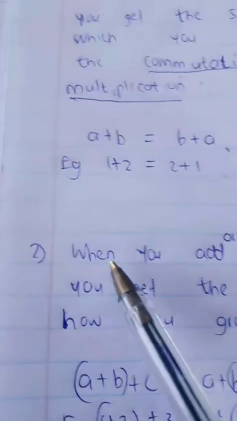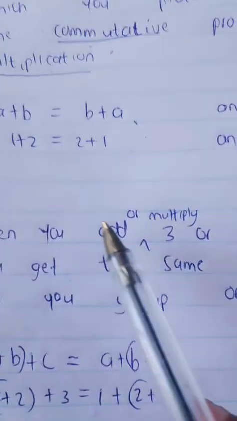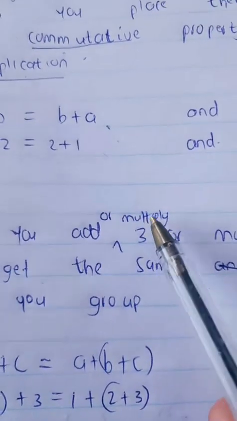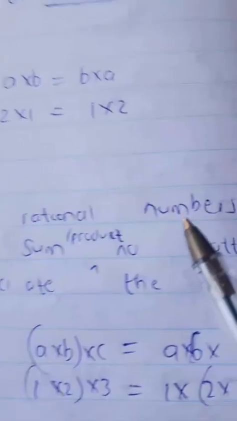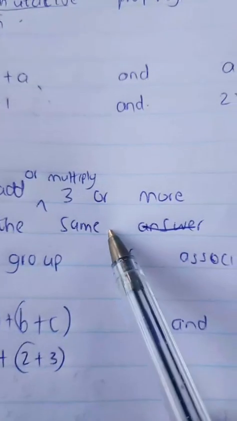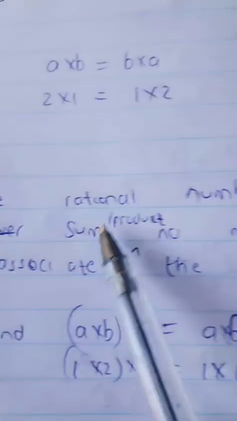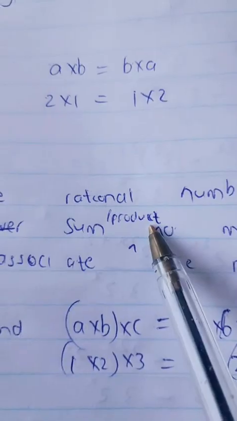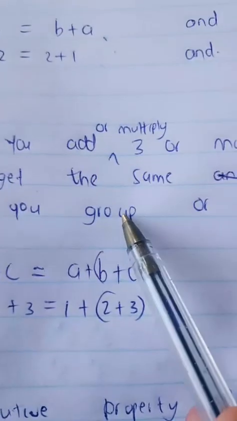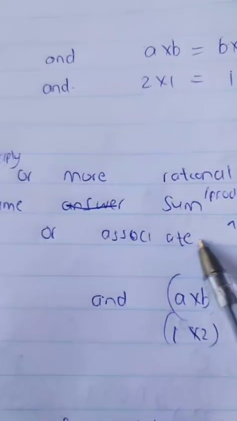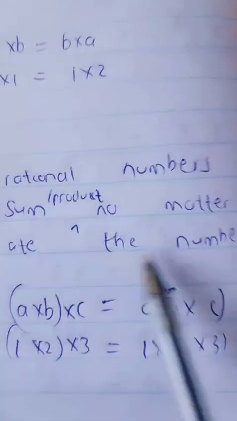I'm going to repeat this. When you add or multiply 3 or more rational numbers, you get the same sum or product no matter how you group or associate the numbers.